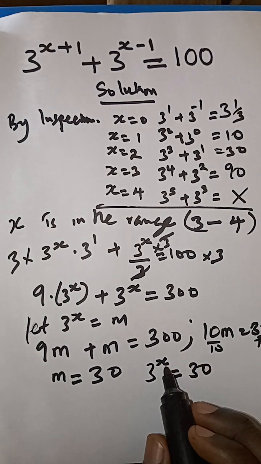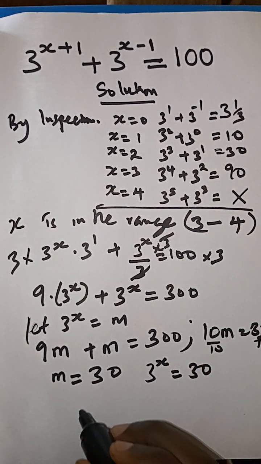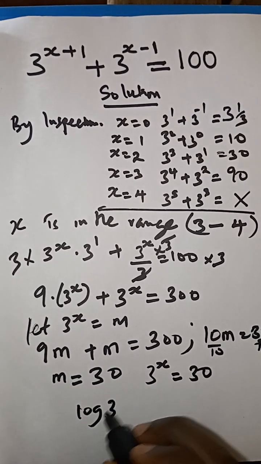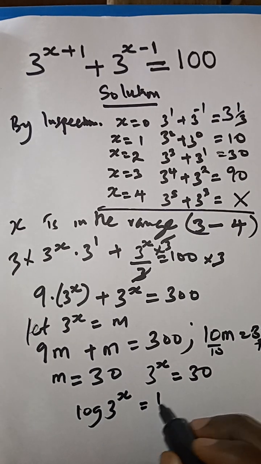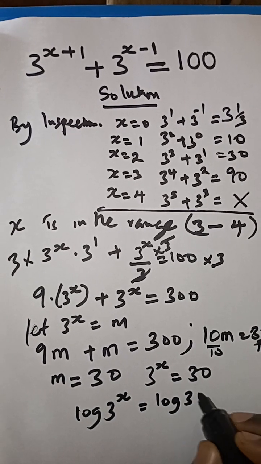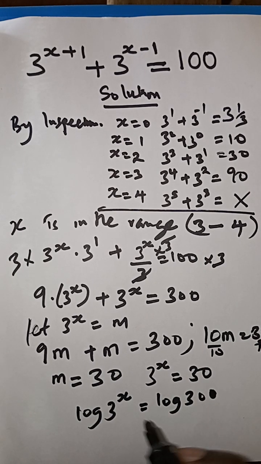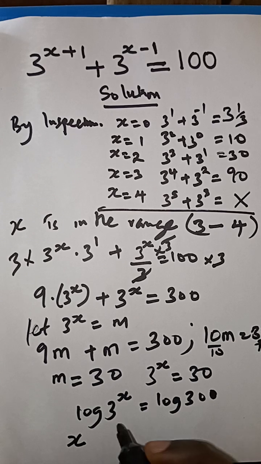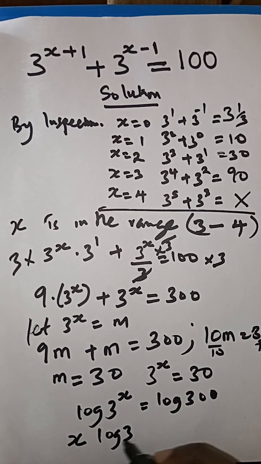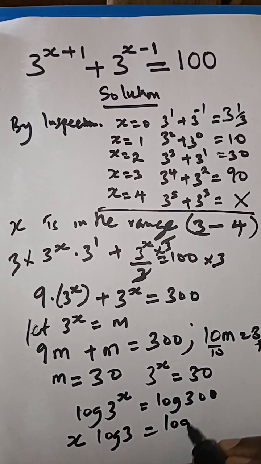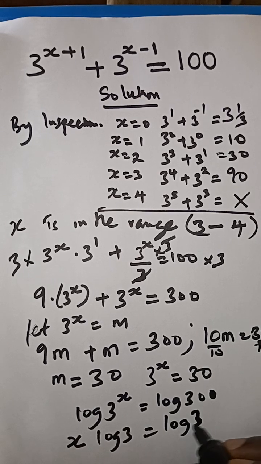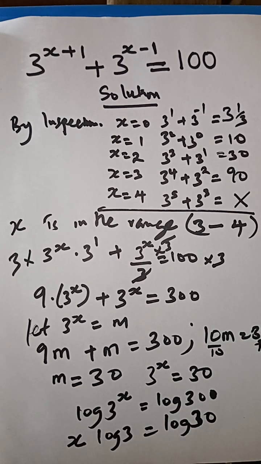So for me to get x, I'm going to introduce the logs on both sides of the equation, so that the log of 3 to the power x is equal to the log of 30. So that x times log 3 is equal to the log of 30.